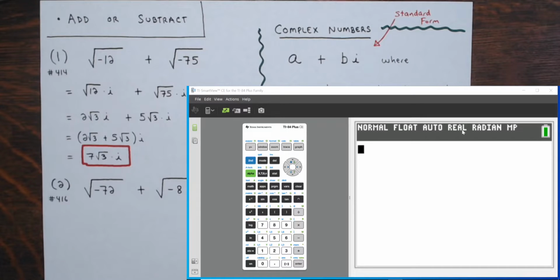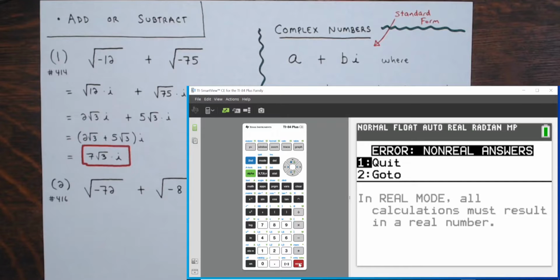So the outputs need to be real numbers at the moment. So if I tried entering the original expression, the square root of negative 12 plus the square root of negative 75, it's going to come back to me with an error because those are not real.